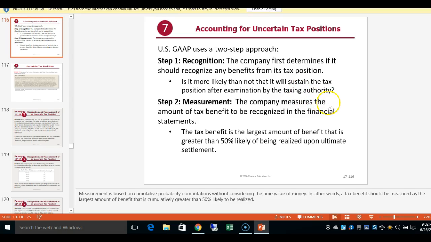Step 2 is measuring that position. The company measures the amount of tax benefit to be recognized in the financial statements. The tax benefit is the largest amount of benefit that is greater than 50% likely of being realized upon ultimate settlement.